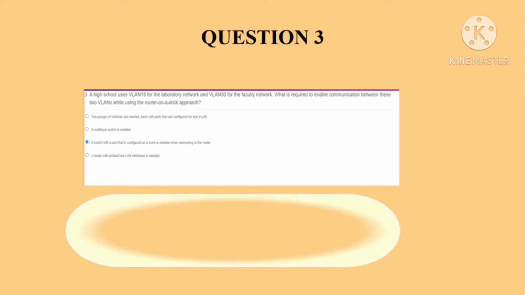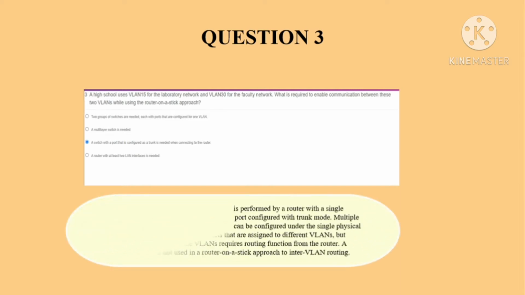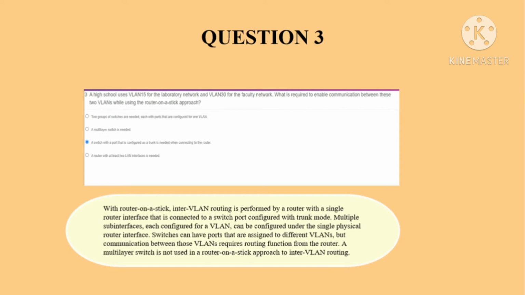The explanation for this question 3 is with a router on a stick, inter-VLAN routing is performed by a router with a single router interface that is connected to a switch port configured with trunk mode. Multiple sub-interfaces, each configured for a VLAN, can be configured under the single physical router interface.